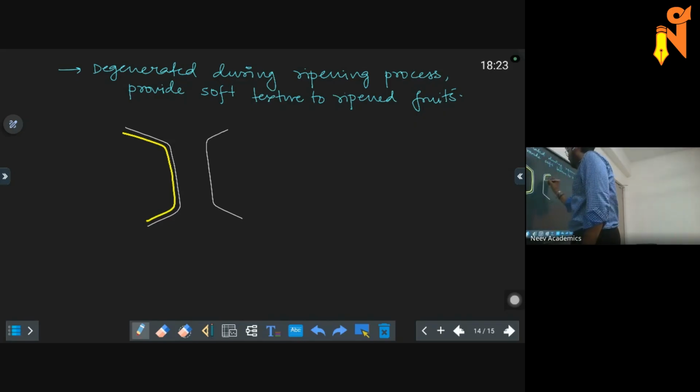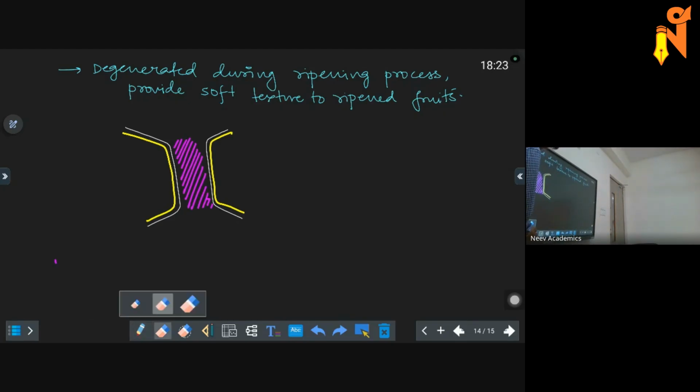Between that we have the middle lamella, and when there is a transverse connection between the cell wall and middle lamella, this cytoplasmic connection between cells is called plasmodesmata.